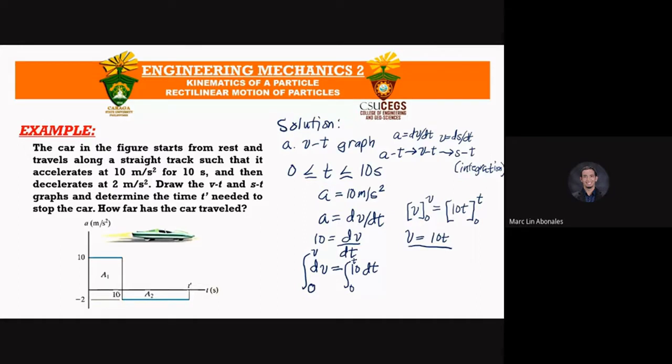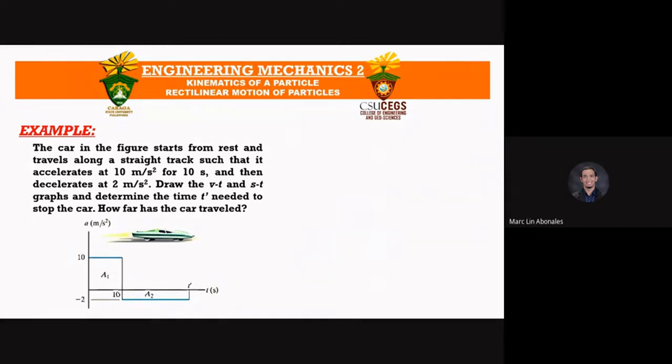Later na nato i-graph using atong graphing calculator once ma-solve nato ang other expression for the other interval. So for the interval 0 to 10, v is equal to 10t.